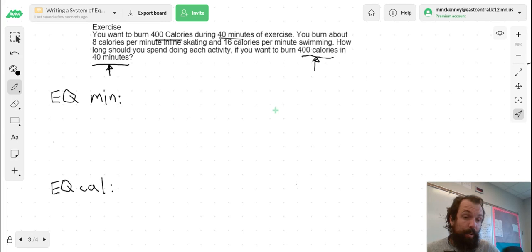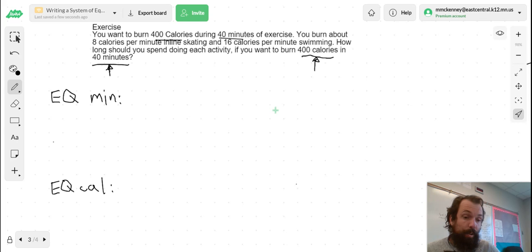The number of minutes we skate is represented by our X, plus the minutes we swim, represented by our Y. So X plus Y equals 40. When you graph, you might have to do one step to change that to y equals mx plus b if you want to use that to graph.